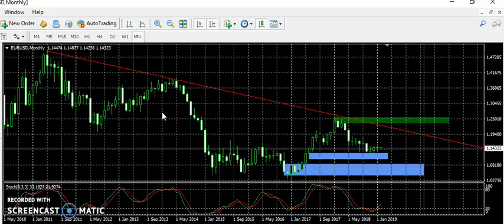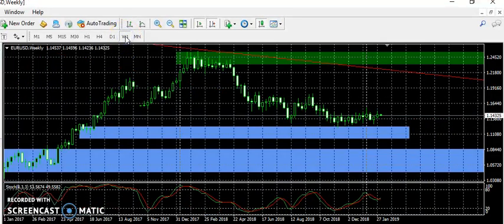So we have that demand in control, but we are still in a downtrend on the monthly until the monthly downtrend is broken, and then we can say that from a broader perspective, it's a different outlook. So let's get to the weekly and see what we have.